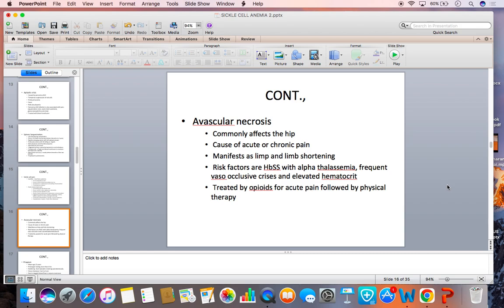Risk factors are HbSS with alpha thalassemia, frequent vaso-occlusive crisis, and elevated hematocrit, which results in a hyperviscosity state resulting in vaso-occlusion. Treated with opioids for acute pain, followed by physical therapy.